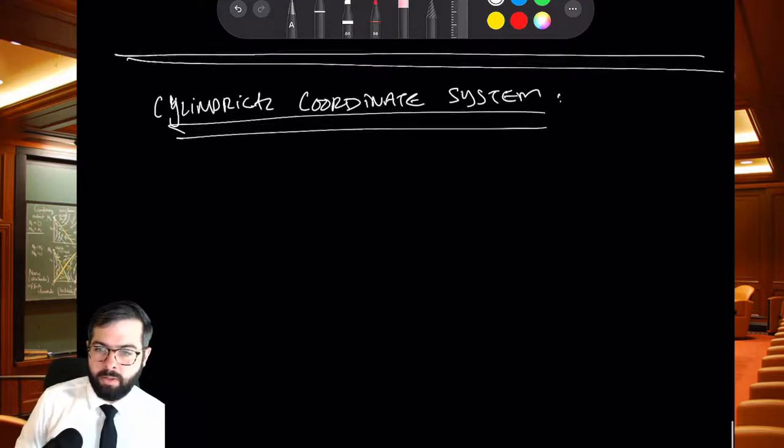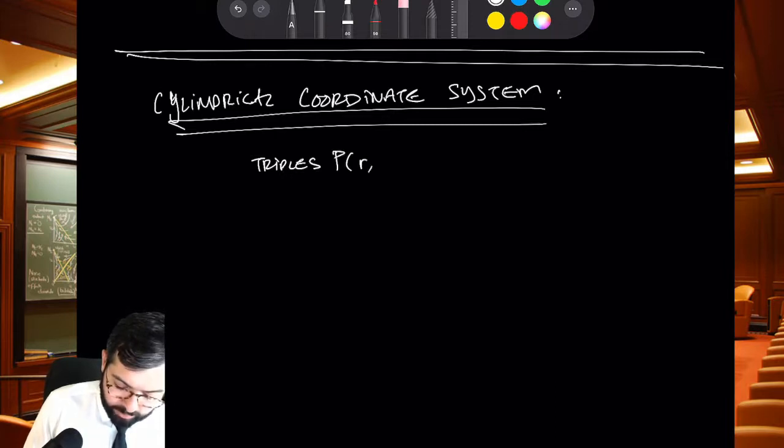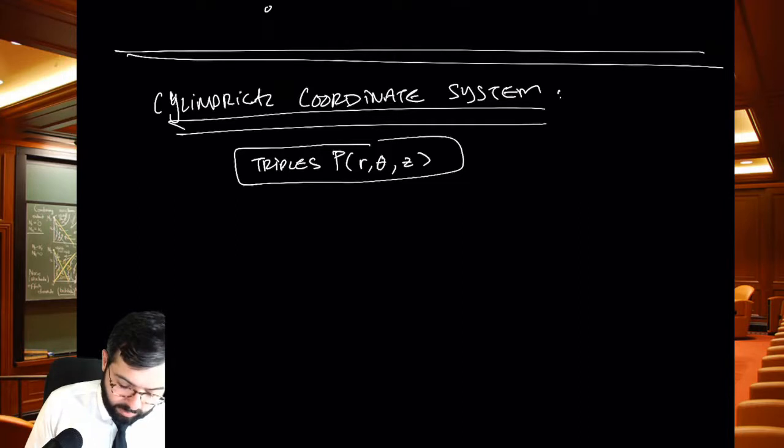So they're of the form of triples. You still need three parameters, r, theta, z. We know that r, theta are the polar coordinates.